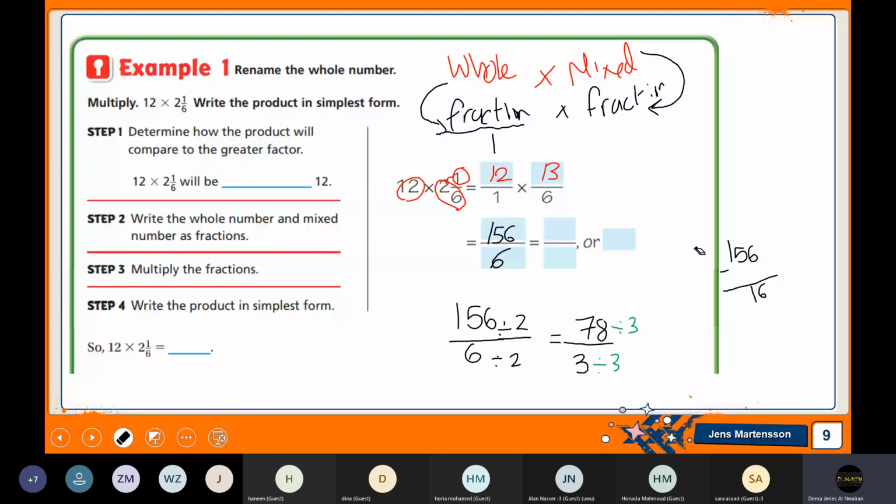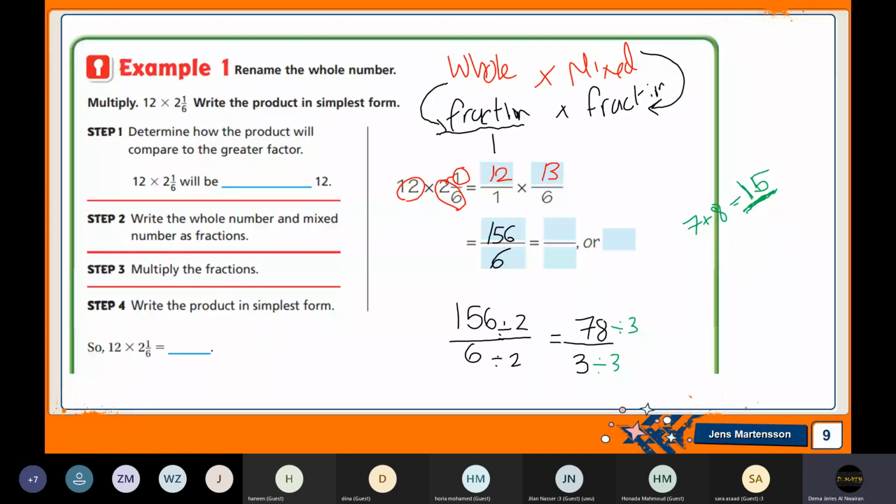Teacher, how can I know if 78 is a multiple of 3 or not? We can add 7 plus 8. We get 15. Bravo.